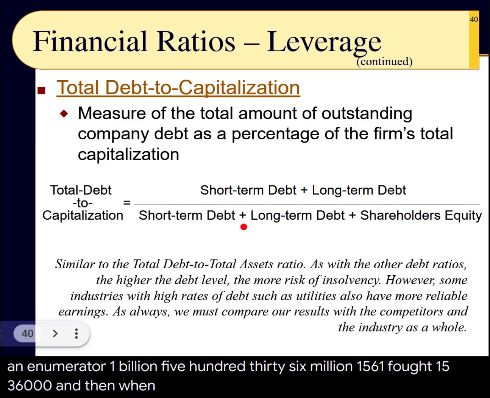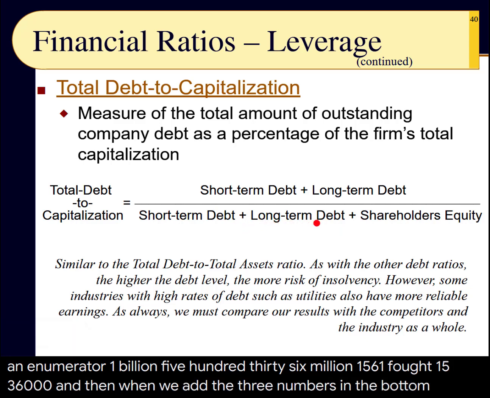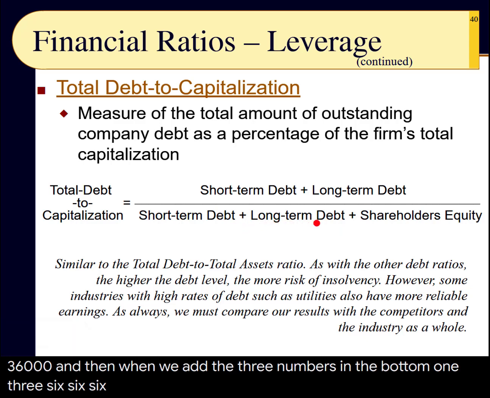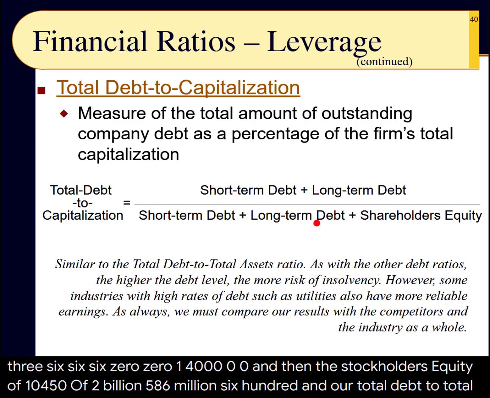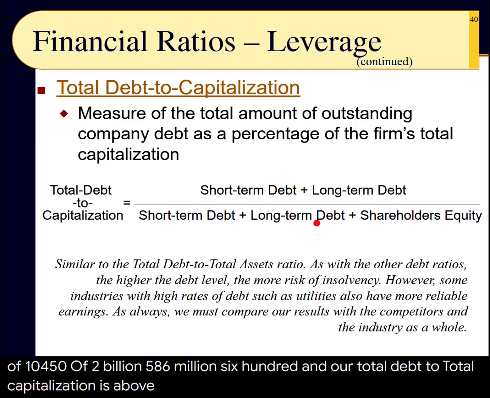And then when we add the three numbers in the bottom, 136,600, 1,400,000, and then the stockholders' equity of 1,050,000, we get a denominator of 2,586,600,000, and our total debt to total capitalization is above 50%. It's 59%. It's not really that different from the total debt to total assets.